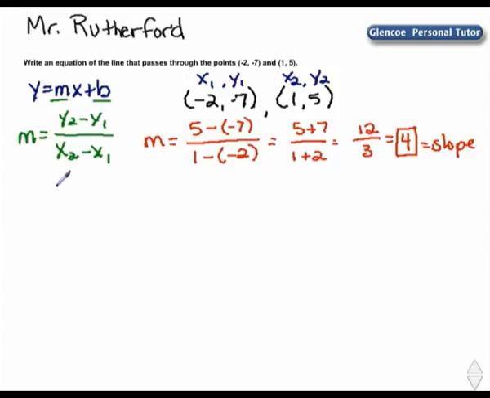Now we need to find the y-intercept. So I'm going to use a formula called point-slope form, which is y minus y1 equals m times (x minus x1). So again, this is called point-slope form.